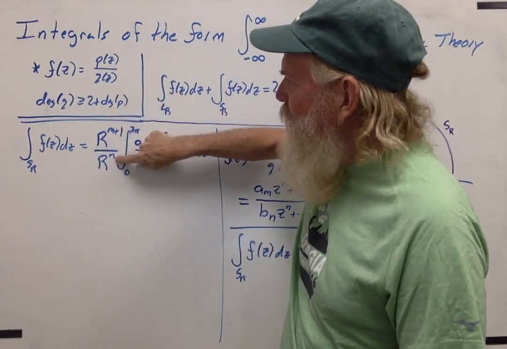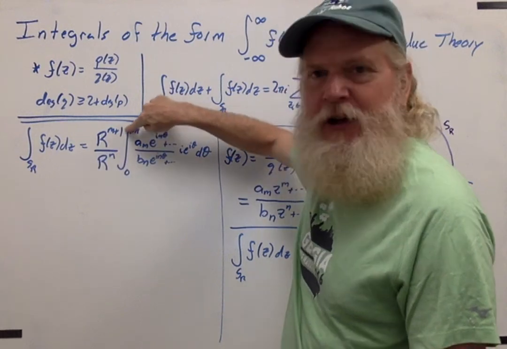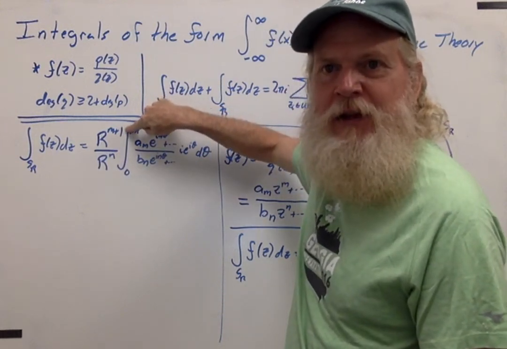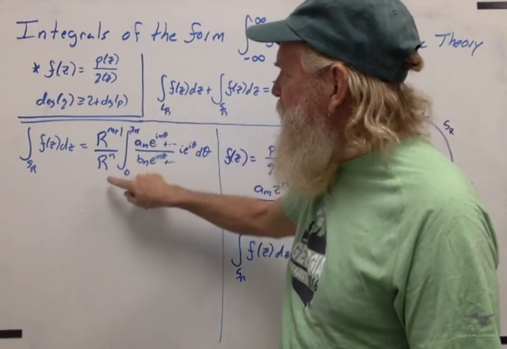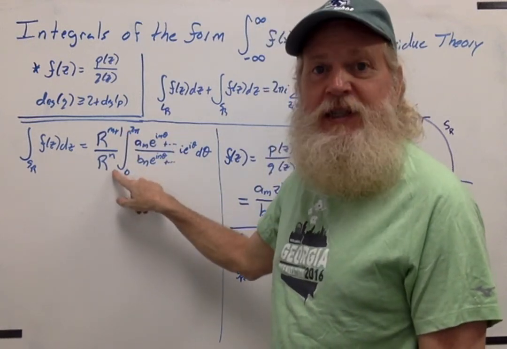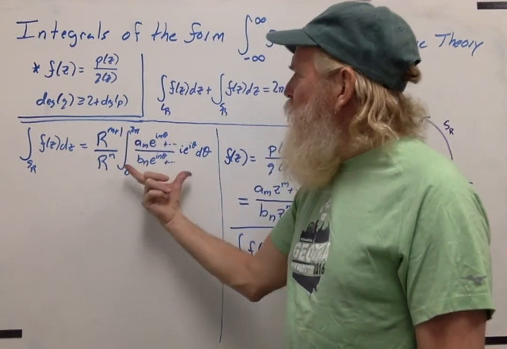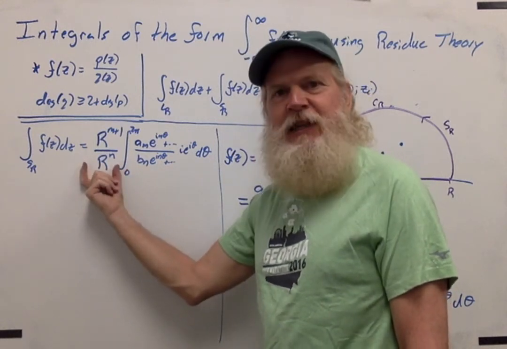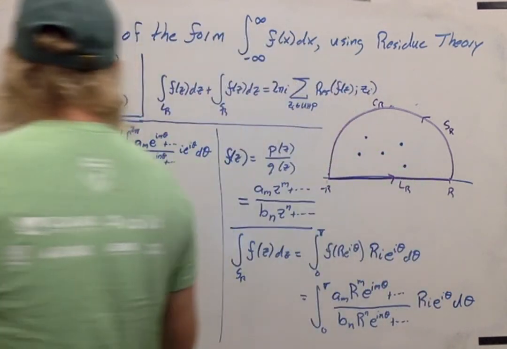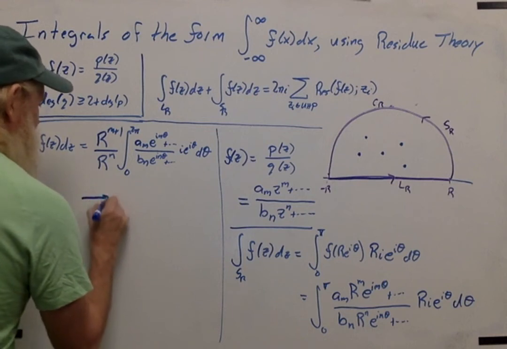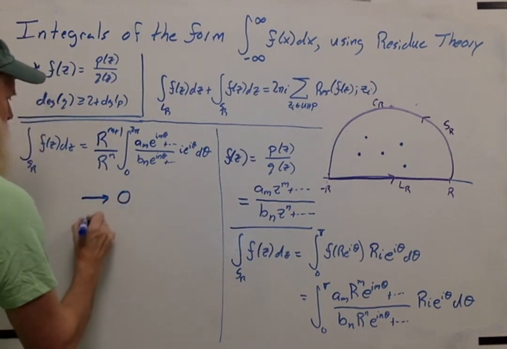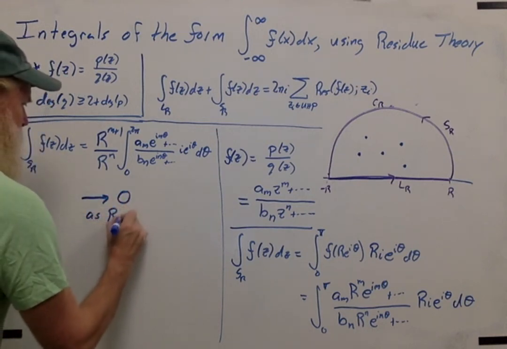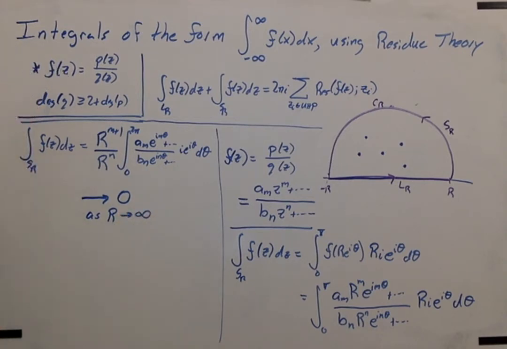So that means that r to the n is bigger than r to the m plus 1. So as r goes to infinity, this coefficient is going to 0. So if I take something which is bounded and I multiply it by something which is going to 0, then I get something which is going to 0 as r goes to infinity.